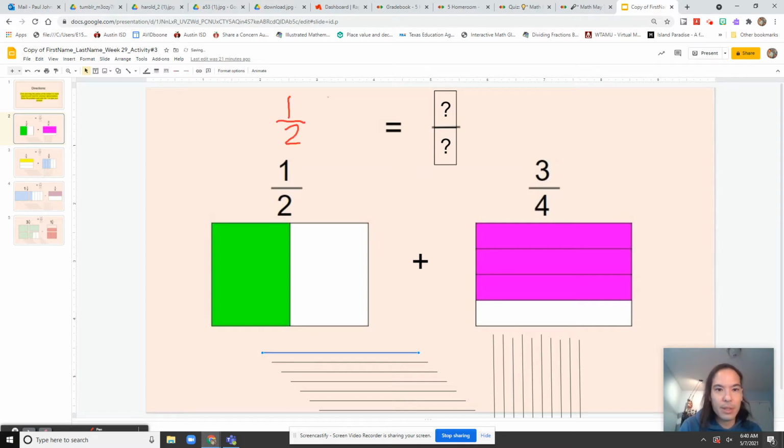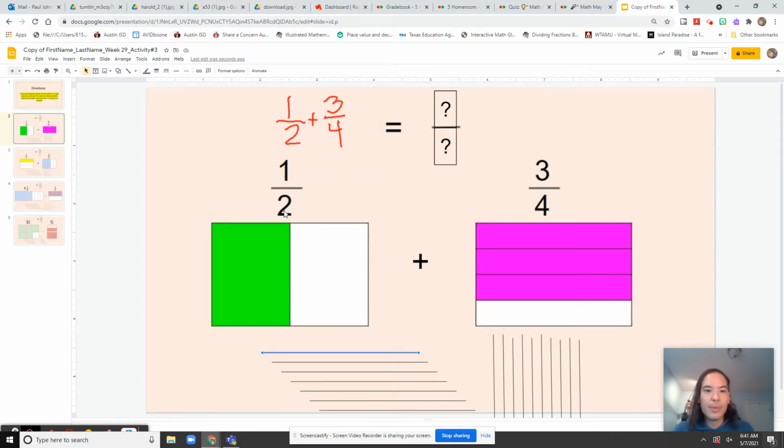Actually, let me just do this. Okay, 1/2 plus 3/4. All right. So we have the problem here in the numerical form, and then we have the problem down here in picture form. All right, so the first thing that we're going to do is we want to make these two denominators the same thing.